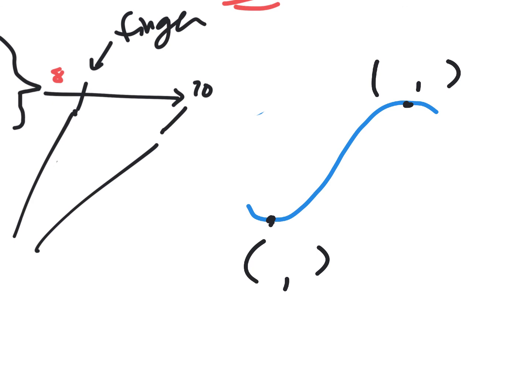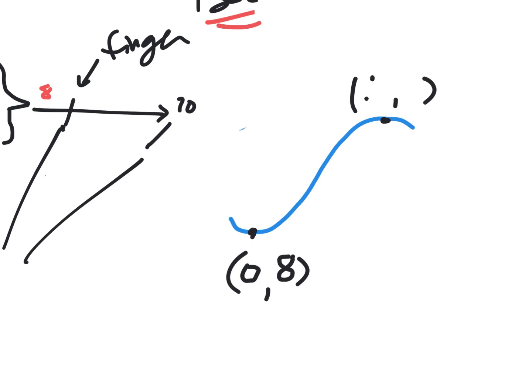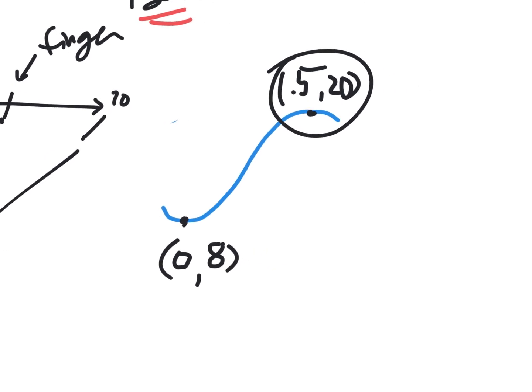I personally meant that you started here, so time would be 0 at 8 inches away, and at time 0.5 of a second, half of a complete cycle time, you were at 20 inches away. That's what I meant it to be. Could you have said that you started here? Yeah, you could have said time was 0 at 20. That would have been okay. And then you would have done the other part down here and said, then I went to here. So you could go back. It's back and forth. I didn't say where you started.